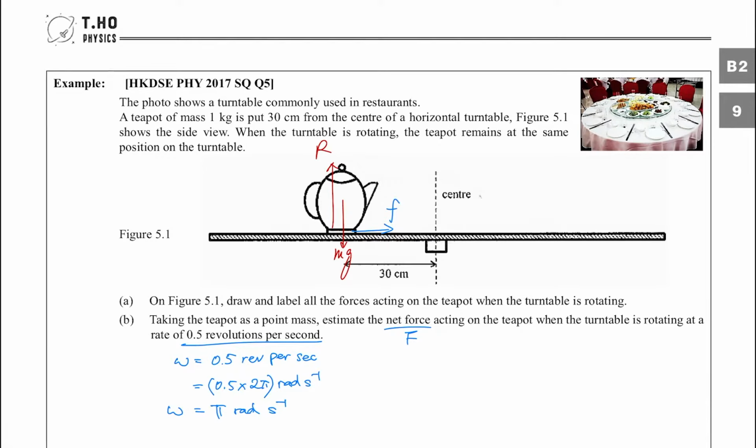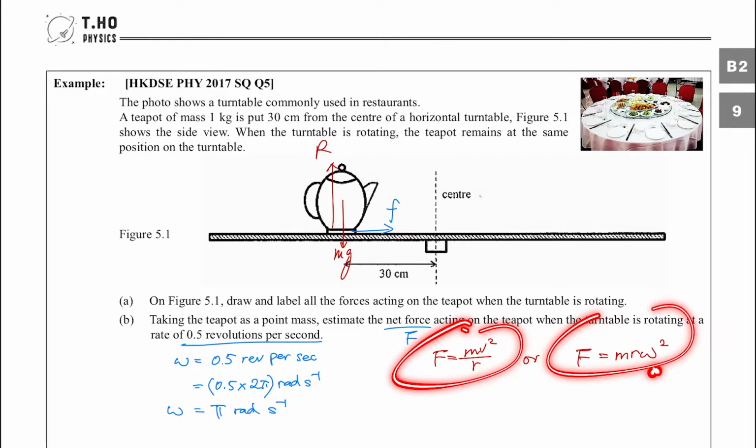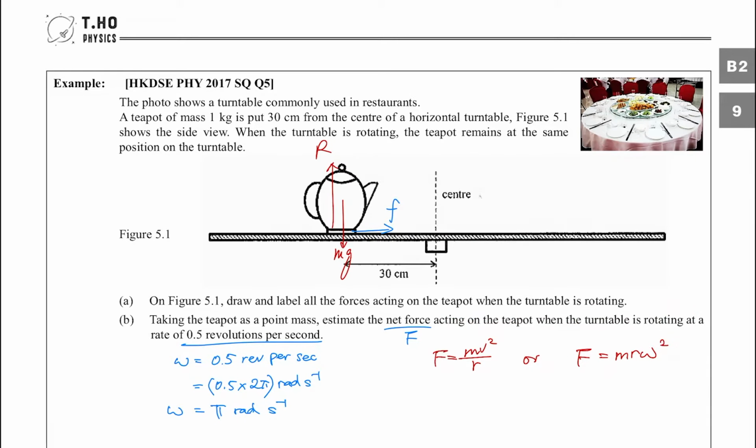So omega is known. So if omega is known, now we would like to find the force. So force can be given by mv squared over r, or force can be given by mr omega squared. So you have to decide which equation we are using now. We are using this. We are not using this.